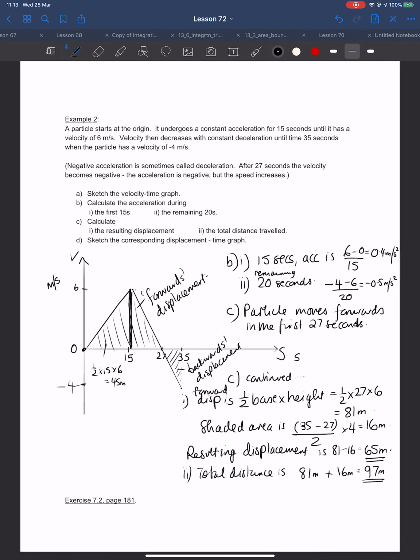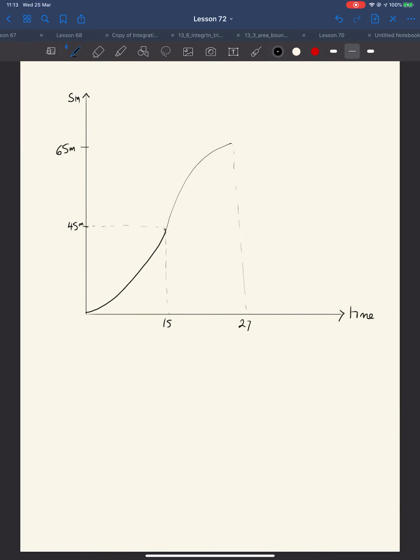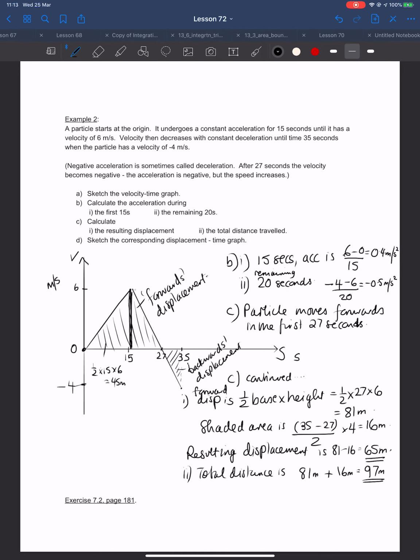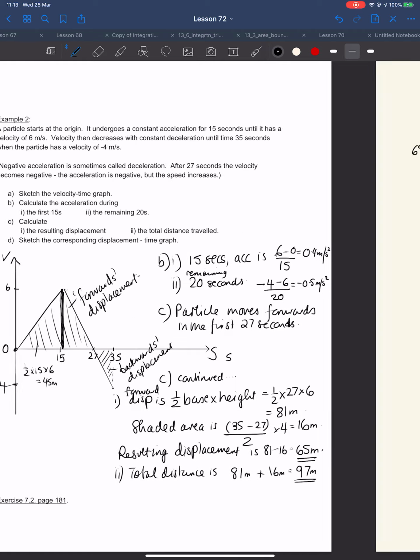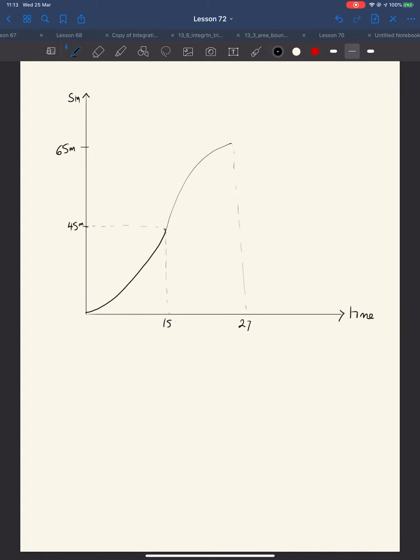And then after the 65, it starts to come back on itself by 16 metres. Actually, sorry, that one is 81. 65 is the very final one. So that one is the 81 metres, and then it comes back 65 metres.